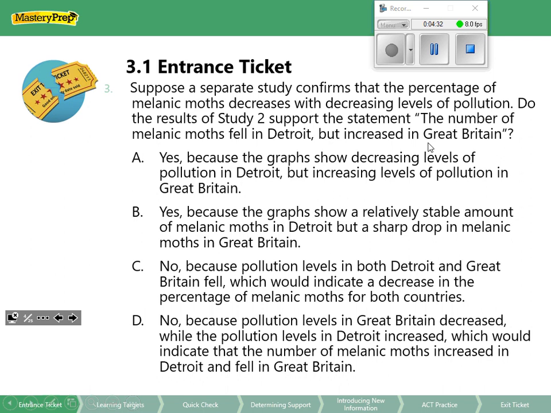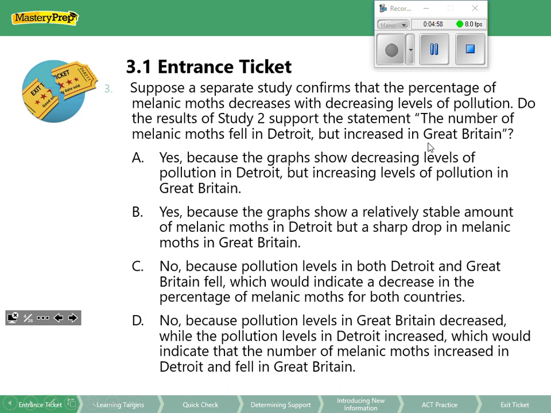Question number 3, suppose a separate study confirmed that the percentage of melanic moths decrease with decreasing levels of pollution. Do the results of study 2 support this statement? The number of melanic moths fell in Detroit, but increased in Great Britain. Well, okay, so it tells us that the percentage of melanic moths decreases with decreasing levels of pollution, yes?